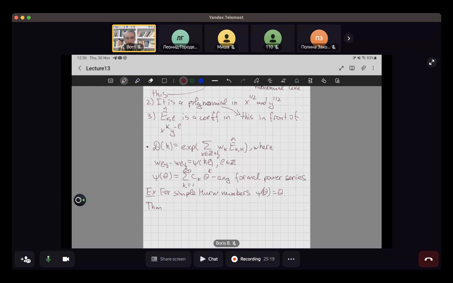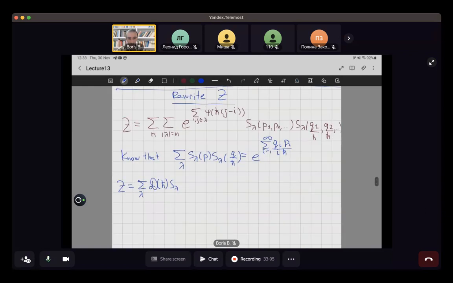So let me write s_lambda of p, s_lambda of q over h bar. Now what is written here?